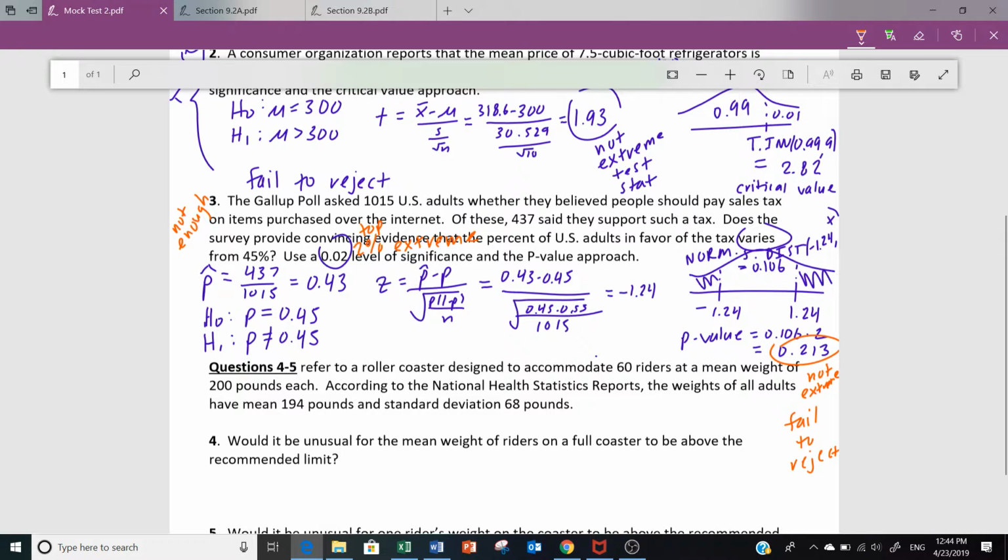And then the critical value approach, you are comparing what values? Does anyone remember? Compare the t values, or sometimes z values. So that's going to be the critical value and test stat.